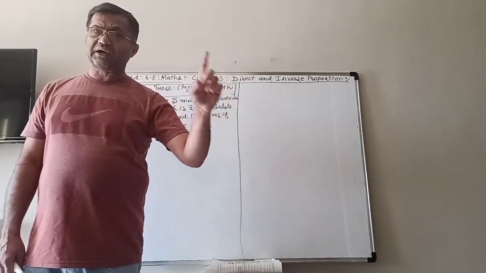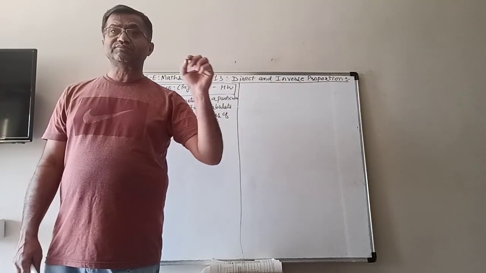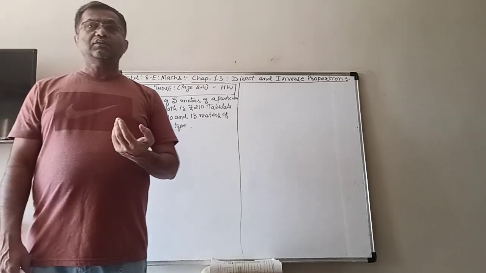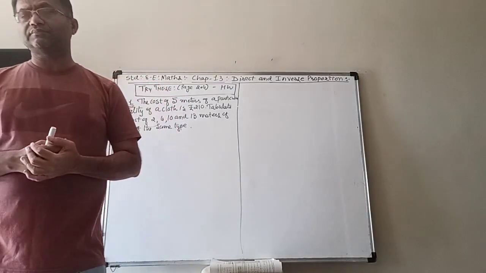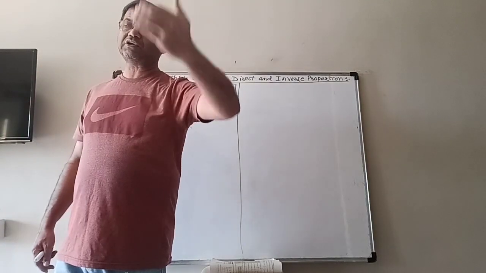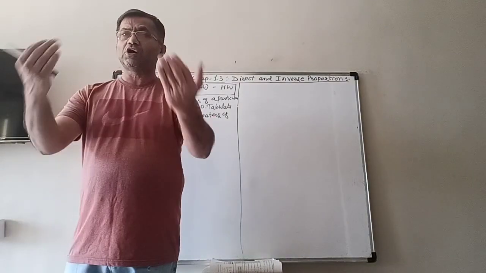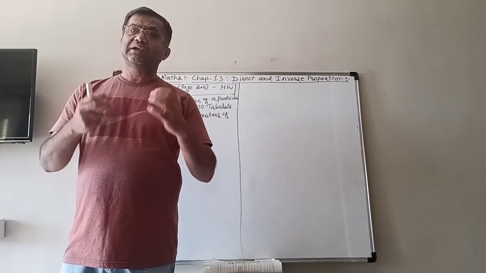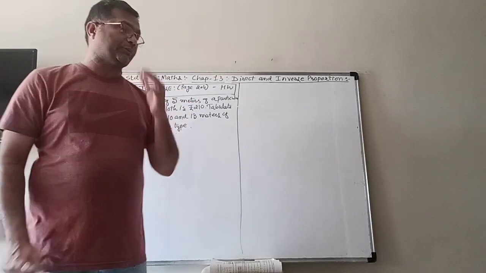One is the length of the cloth, and the second variable is the total cost. So now we will know that they will have a direct proportion. Why? Because if you buy more cloth, you have to pay more money. If you buy less cloth, you have to pay less money. So in this situation, we will have the relation of direct proportion.